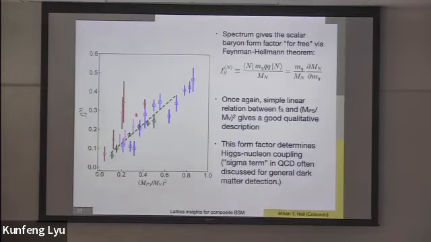I can draw this curve, and all the results are nicely on it. This is very interesting if you are putting together, say, a dark matter model. This is the Higgs nucleon coupling. In QCD, this is the sigma term that's discussed in terms of dark matter direct detection. If you have a dark baryon model, then you might have a sigma term on both sides for direct detection, with your target, not the dark matter version of it.